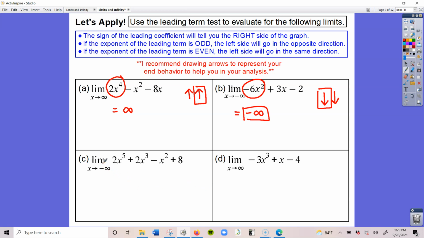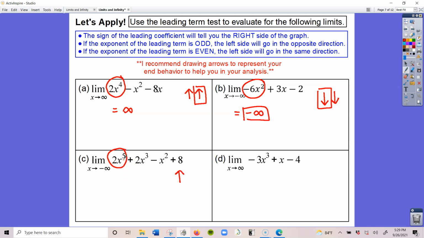In this next one, we have the limit as x is approaching negative infinity of 2x to the fifth plus 2x to the third minus x squared plus 8. My leading term, again always the one with the highest exponent, is 2x to the fifth. Since this is positive, that means that my right side is going up.